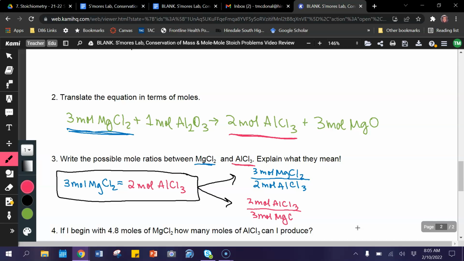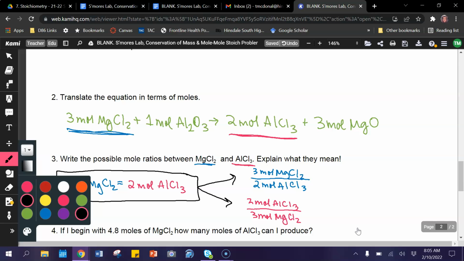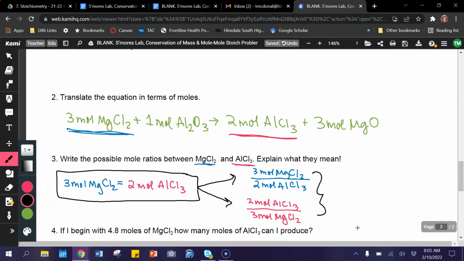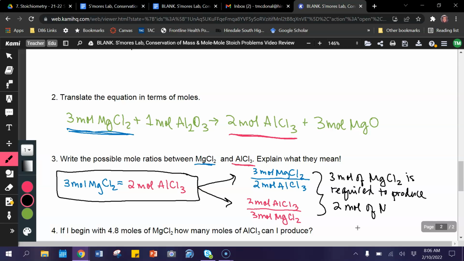And basically, what these two things mean is that 3 moles of magnesium chloride is required to produce 2 moles of aluminum chloride.